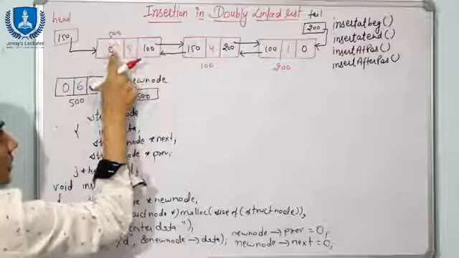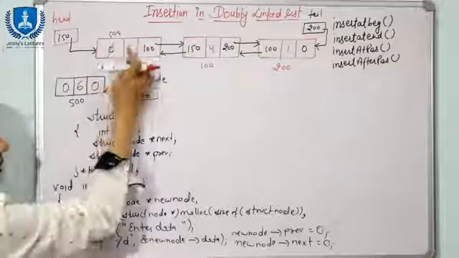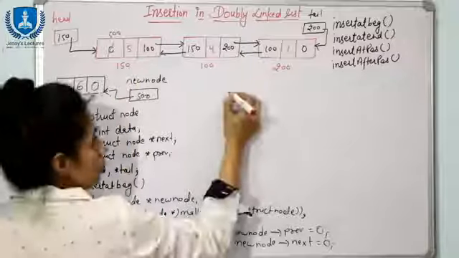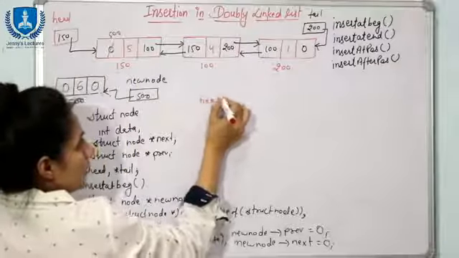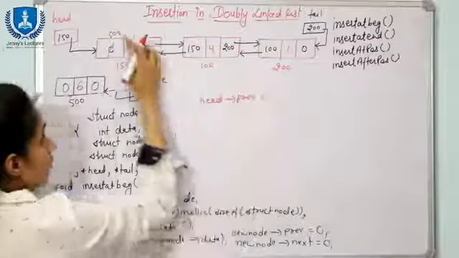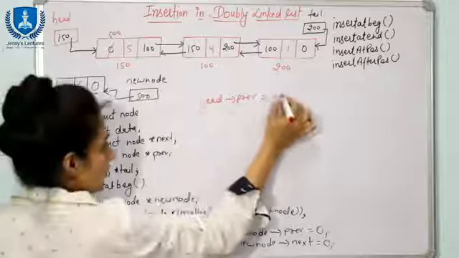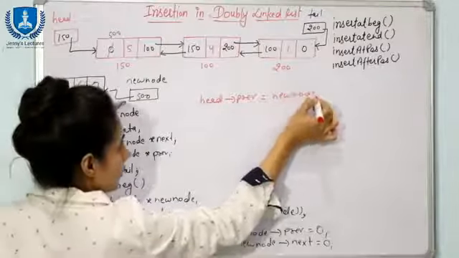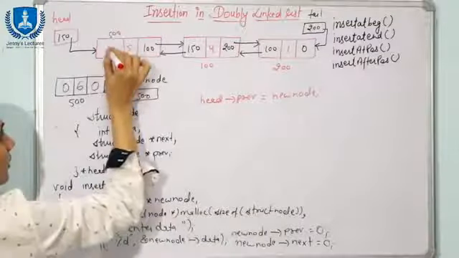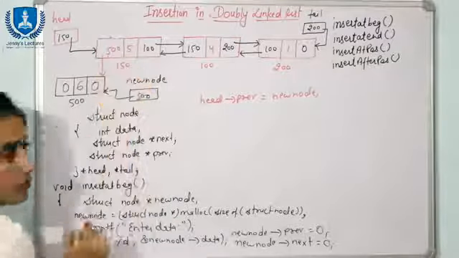How can you access this part? The pointer to this node is head. Yes, we have a pointer, so we can access all the 3 parts. So here what you can write? Head of previous, this part is previous, is equal to, from where can I get this 500, this address? In the new node we have 500, so is equal to new node. So now this is containing 500, fine. So now this is pointing to this node.